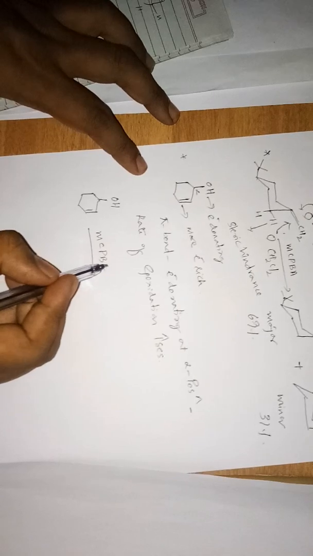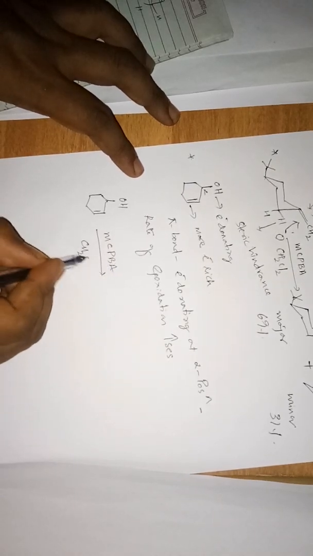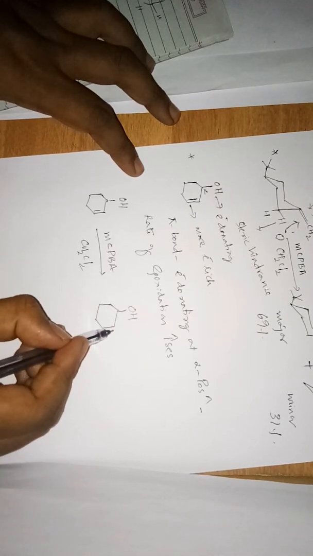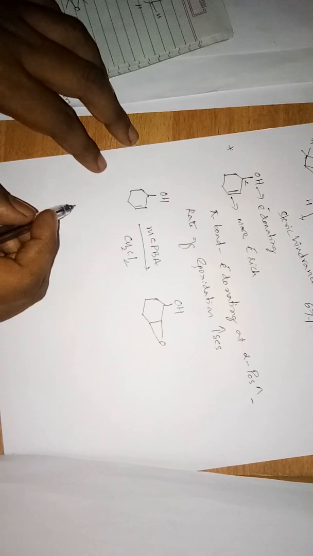Metachloroperbenzoic acid, dichloromethane, OH. So you will get an epoxide. So another problem.